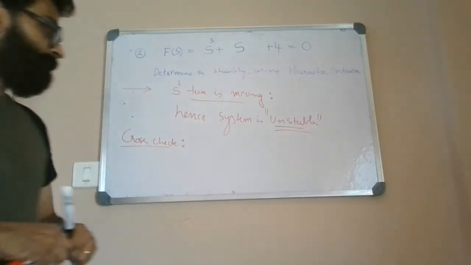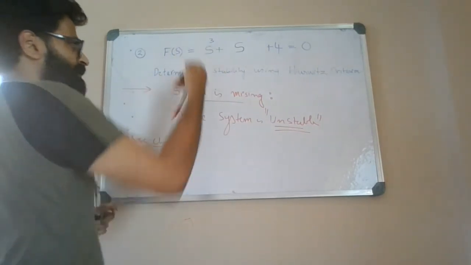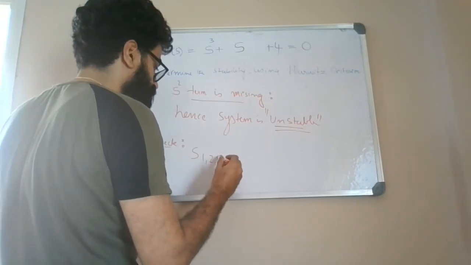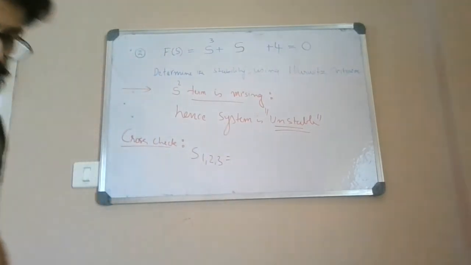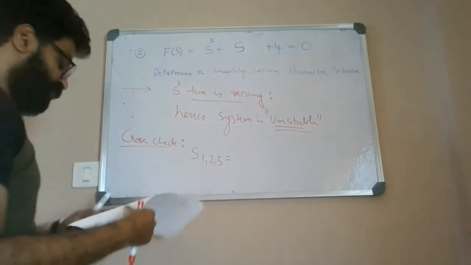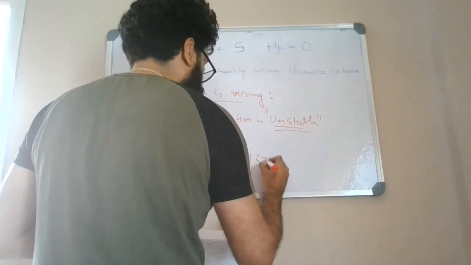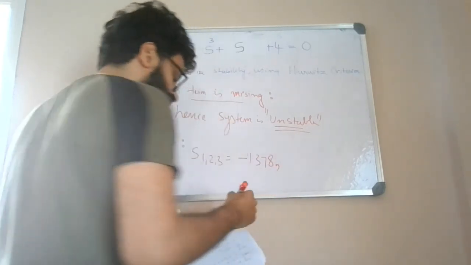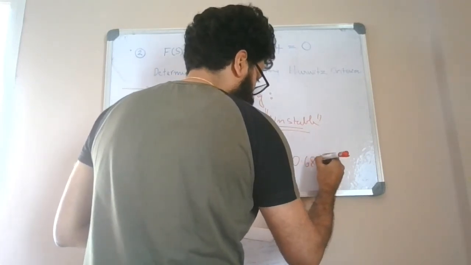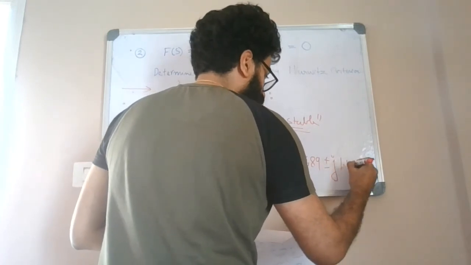When you substitute this equation in your calculator, again it's a third order equation, so you must get 3 roots: s1, 2, 3. When you solve this equation, the closed loop poles, you will get minus 1.378, and again a complex conjugate root, 0.689 plus or minus j 1.55.